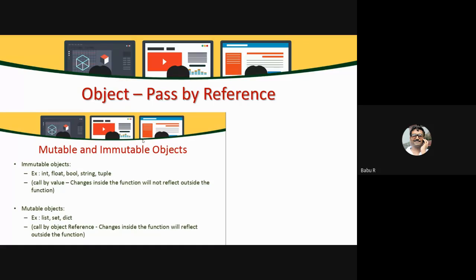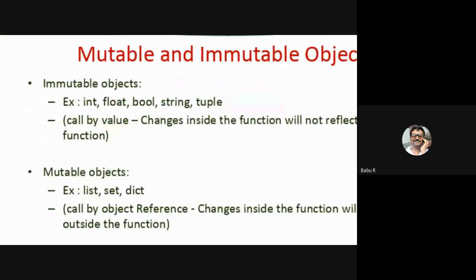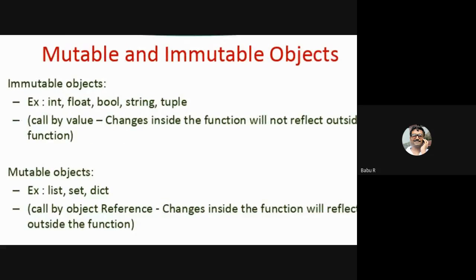Next is object passed by reference. We know mutable and immutable objects. In module 1 itself, this has been discussed. Immutable objects are int, float, bool, string, and tuple. For these, we use the call by value method.